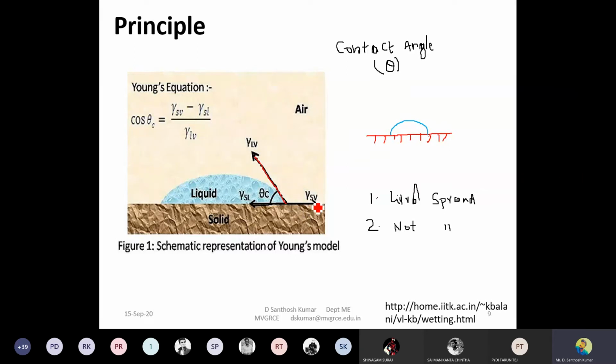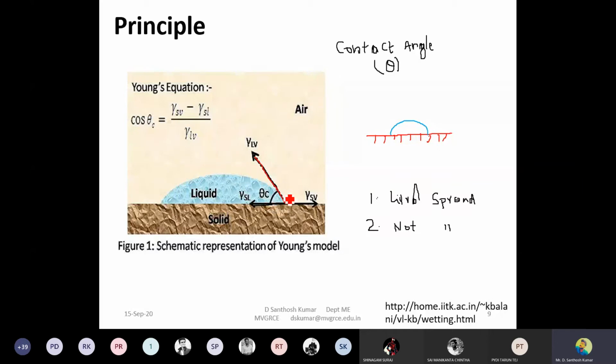Where there is a surface, obviously you get this kind of surface energy. This is gamma SV, S nothing but solid, V nothing but vapor. Again there is interaction between solid and liquid, and the angle between these two is called the contact angle.